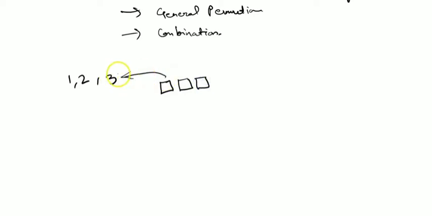You have to fill in these three slots with the available choices by selecting one of them. So what it means is that we have to find three-digit numbers, but the condition is that the only numbers that you can use in order to form those three-digit numbers are these numbers.